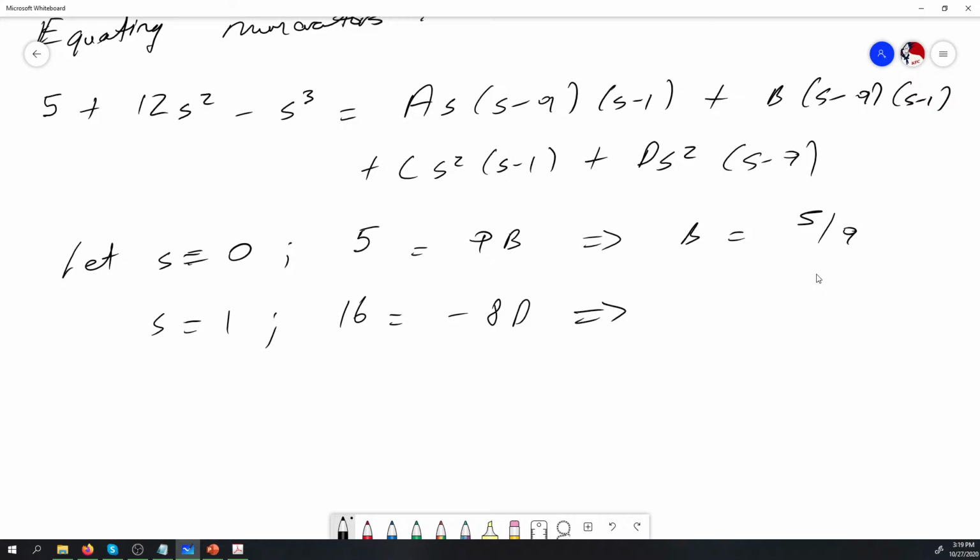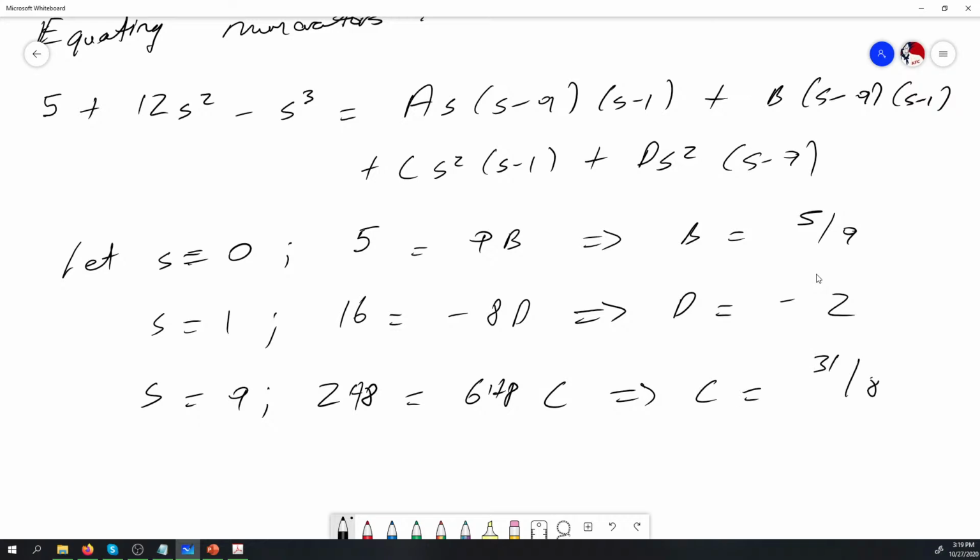And that d here will be equal to 2. S is equal to 9, we get 248 is equal to 648c. That c here is equal to 31 divided by 81.